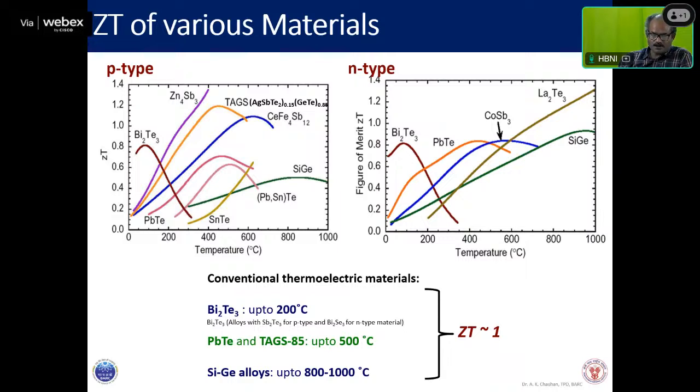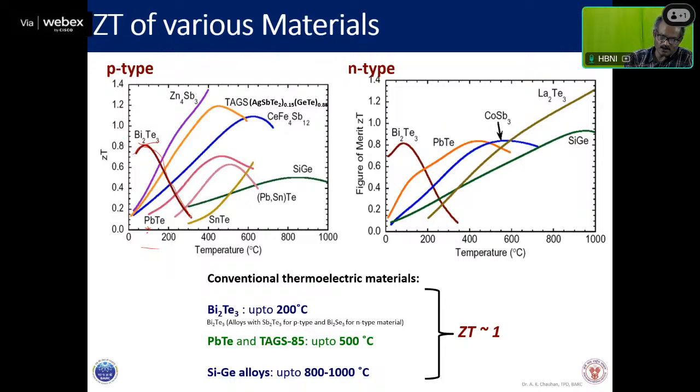These are for different P-type and N-type materials, with the temperature difference. Suppose I have a material like bismuth telluride. The ZT value of bismuth telluride varies with temperature difference like this curve. If the temperature difference is nearly 100, the ZT value is 0.8.